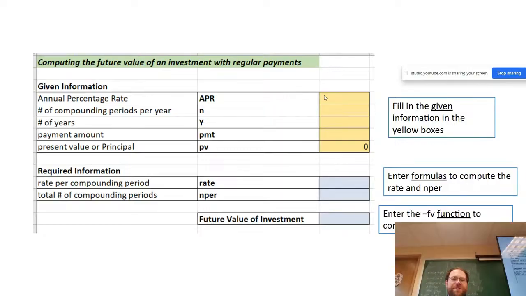And again, they have an Excel sheet here that has these different things that you can type in. You can enter the formulas for compound interest to compute the rate and the number of compounding periods. And then using that future value function, you'll be able to get the future value.